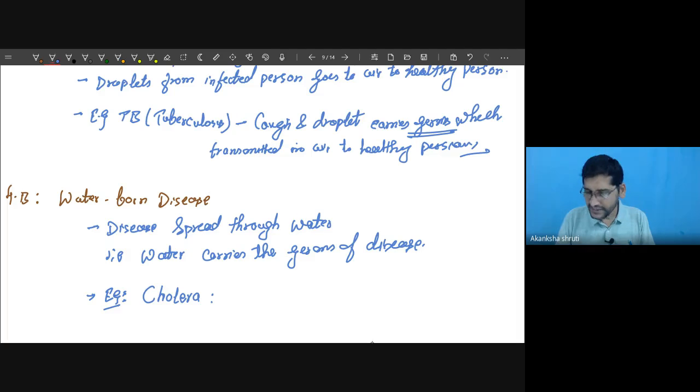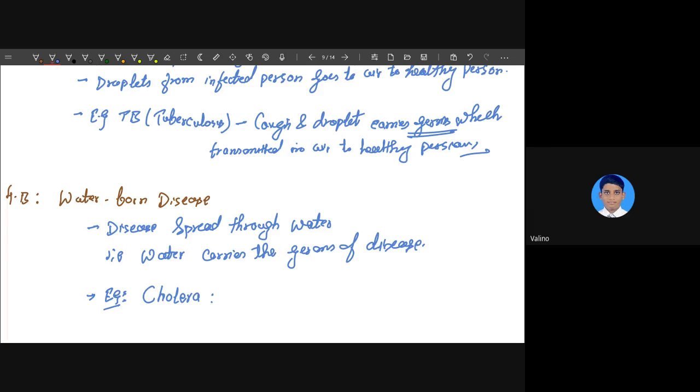So if the sewage water or contaminated water enters into our drinking water line, then that drinking water line carries the water to different houses. So large number of houses fall ill at the same time in cholera. Okay. This cholera is basically back to amoeba disease. Another like diarrhea also.